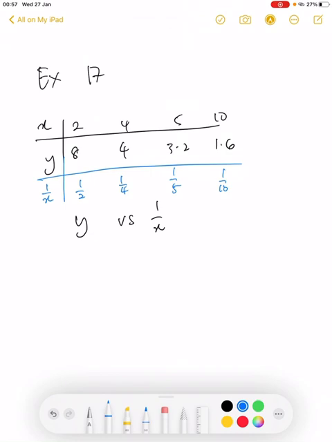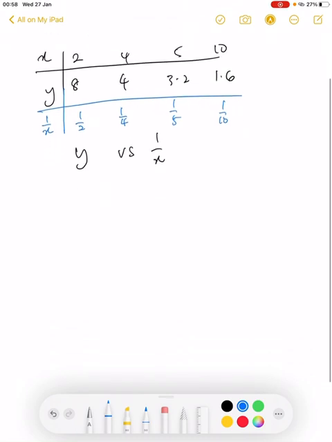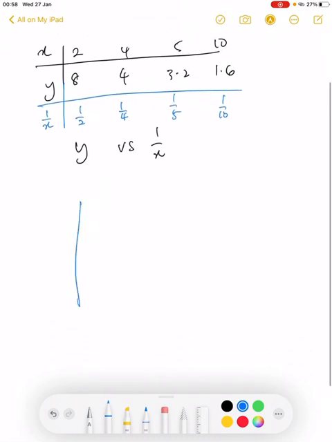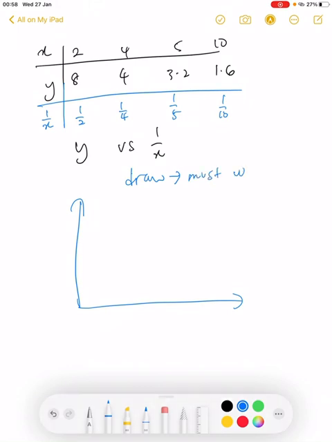So draw the graph. You need graph paper. I just sketch, but you need to draw. Draw means you must use graph paper. So y versus 1 over x.